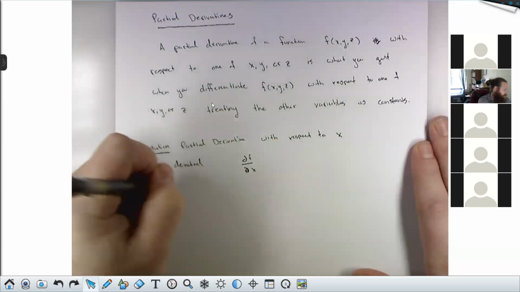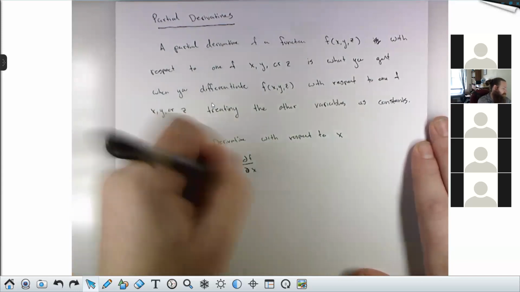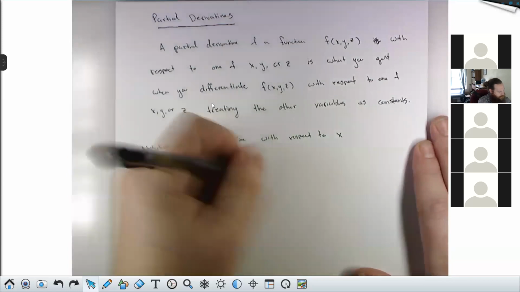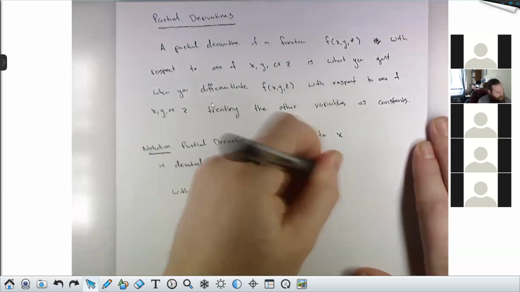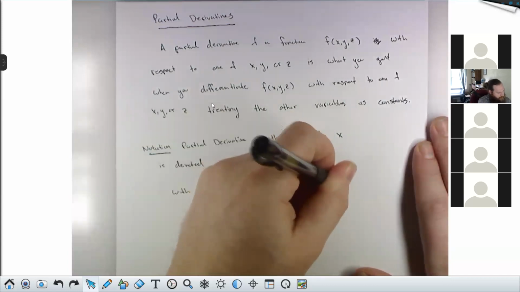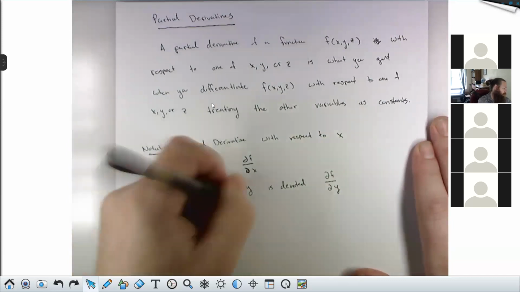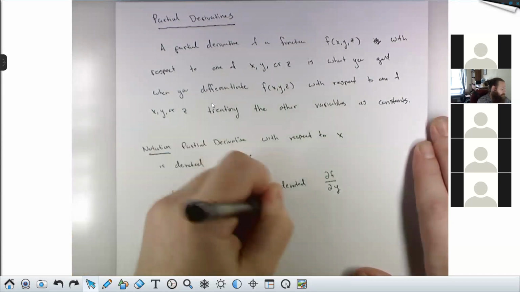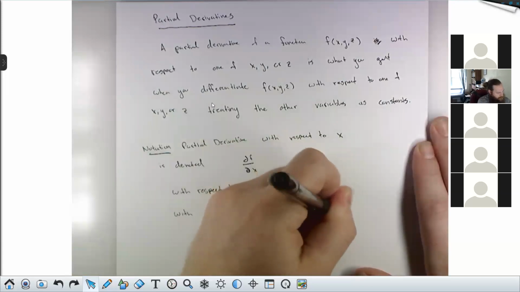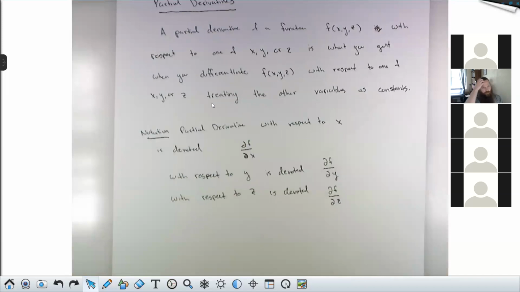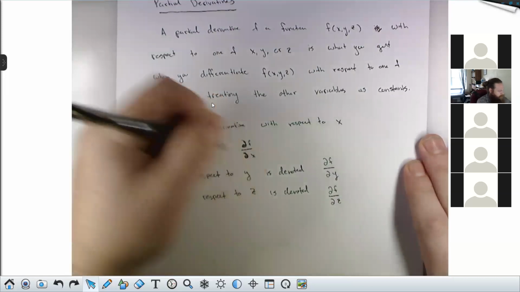With respect to y, this would be denoted df dy, and with respect to z, you get the idea, this would be denoted df dz. So you may have seen these curly d's elsewhere in your math lives, or just floating around in textbooks on the internet.